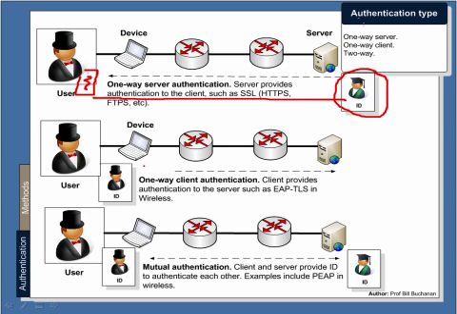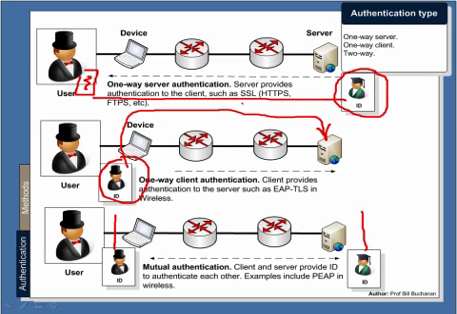We can also get one-way client authentication, where the client, before they connect to a server, must pass their identification to the server. And then we can have, in the best case, mutual authentication, where IDs are passed on either way and the IDs are checked on either side.